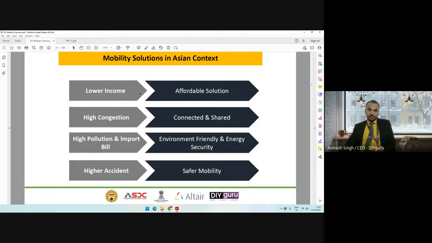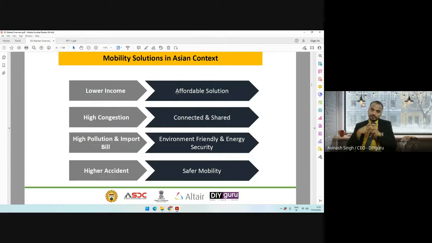If someone brings a mobility solution which is more affordable, then Asian countries will accept that. That's why you see Maruti Suzuki and others, which play in the range of 3 lakh to 6-7 lakh, and more vehicles are being sold in this segment.